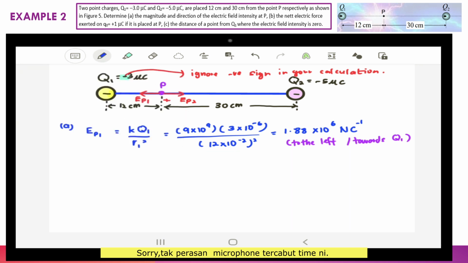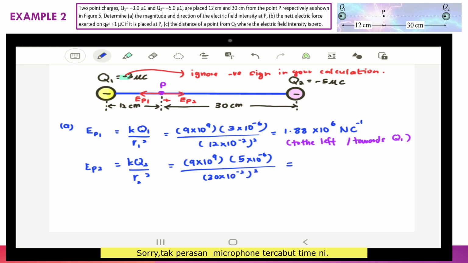And for the second one, we have EP2, where EP2 is KQ2 over R2 squared. So we can substitute all the values. Make sure you ignore the negative sign of negative 5 microcoulomb in your calculation. We just put 5 microcoulomb over the distance between point P and Q2, which is 30 centimeter. Make sure you change it to meter.